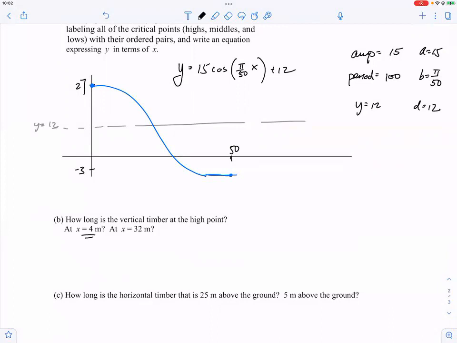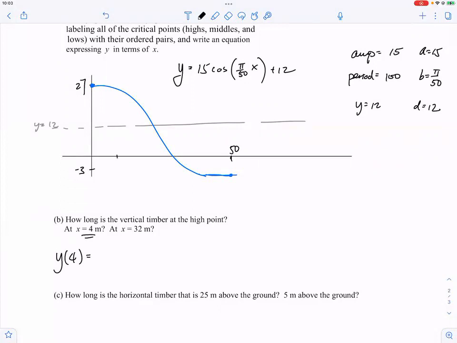So at 4 meters, when x is equal to 4, what's the y value? Now, it asks how long is the vertical timber at the high point.